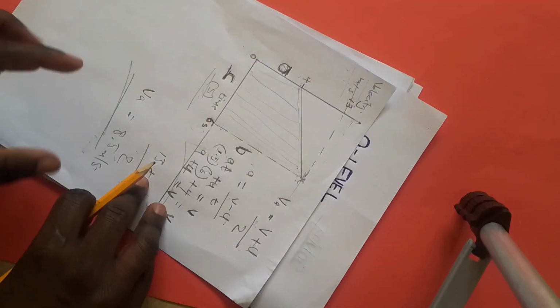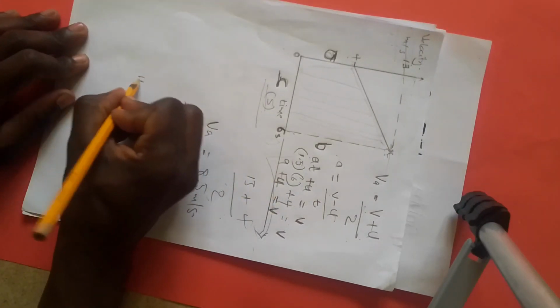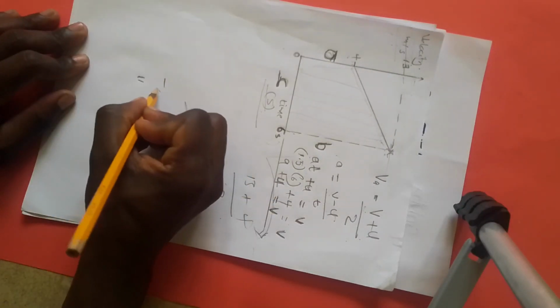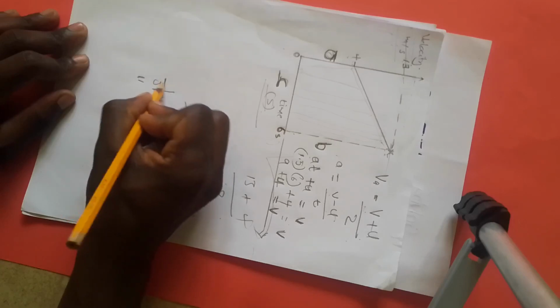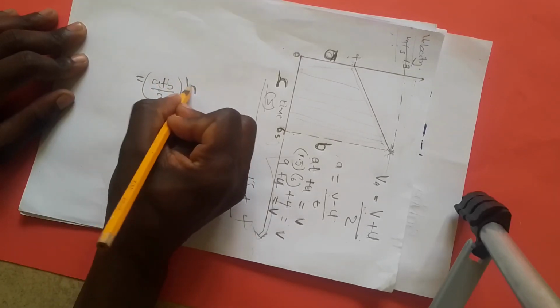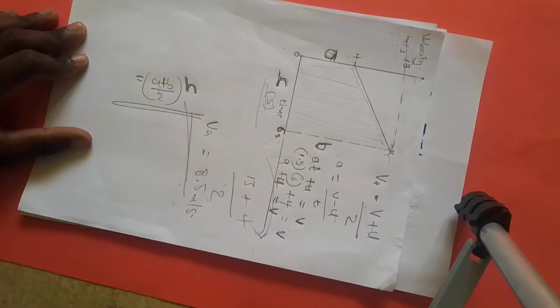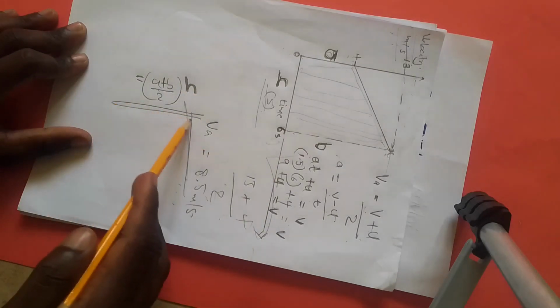So the area of a trapezium is equal to half, A plus B in brackets, times height, right? This is the area of a trapezium. Half A plus B times height.